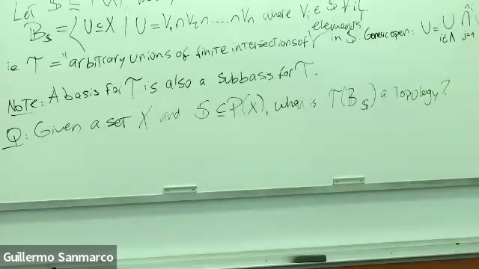Then the proposition is telling you that T of B of S is a topology if and only if, very easy, you can just cover your set, like part 1 over there, with sets in the subbasis. So if you take any collection of subsets such that for each element x in X, x is an element of some subset, then you have a topology.